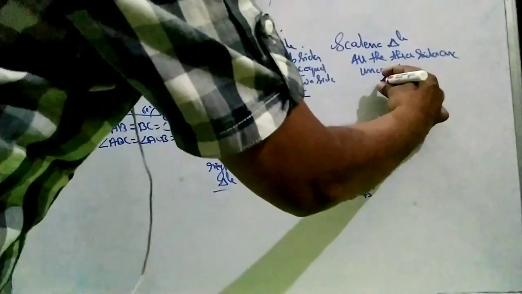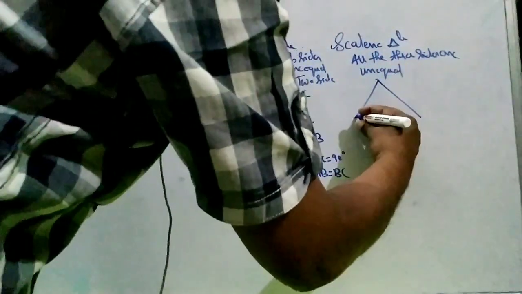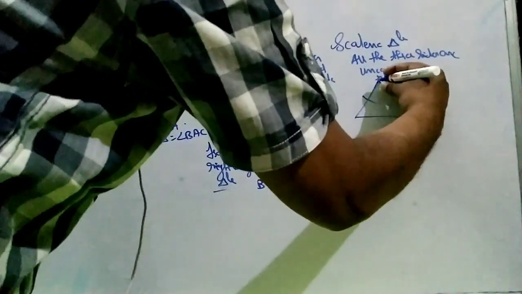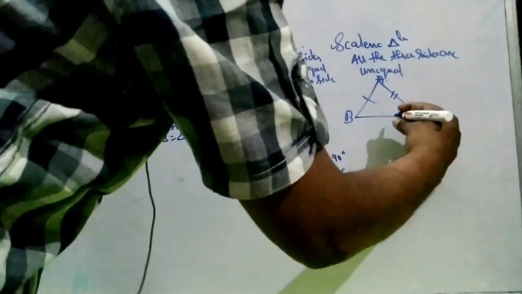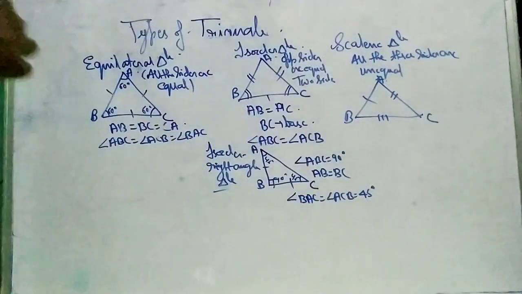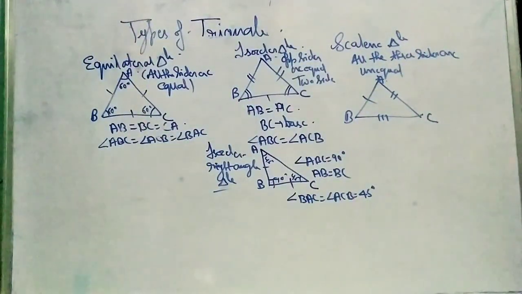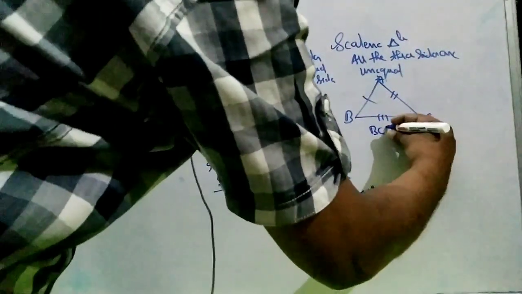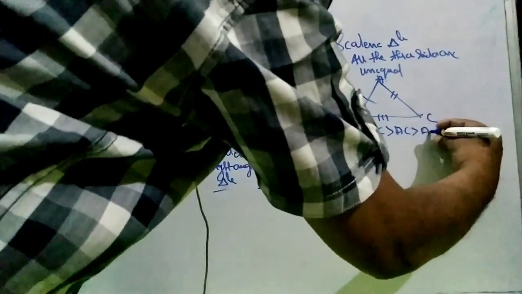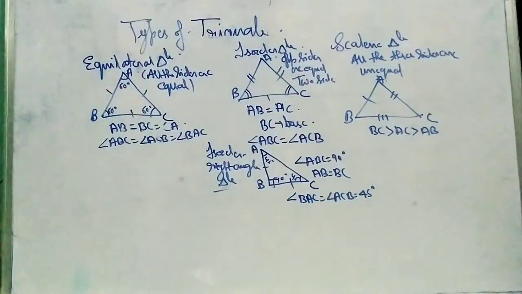It means if this is a triangle, this is the side AB, this is AC and this is BC. All the three sides are unequal. It means BC is greater than AC is greater than AB. Is this clear? It is called as scalene triangle.